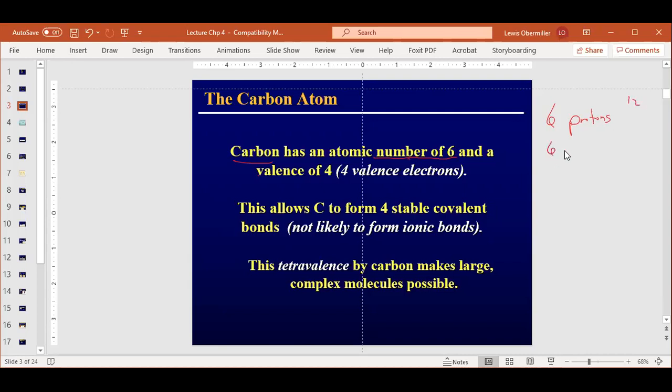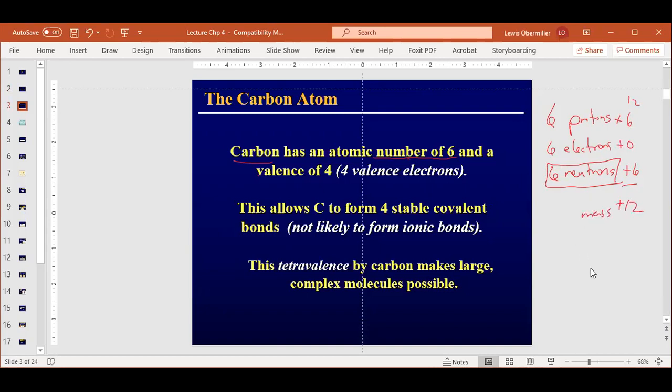So it has 6 electrons, and it also has 6 neutrons, because this adds 6 Daltons to it, and this adds 6 Daltons. And remember, this is 0, so that would give us a mass of 12.